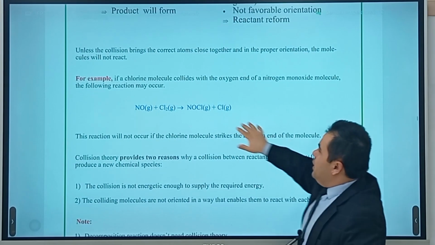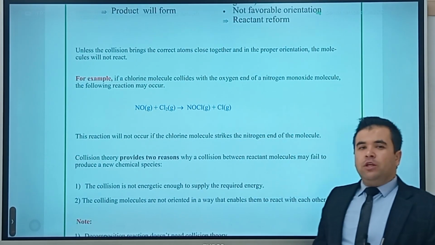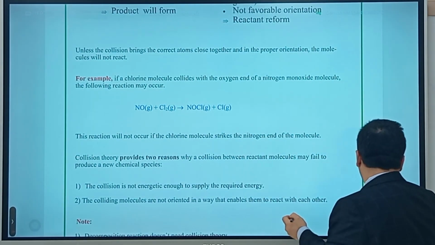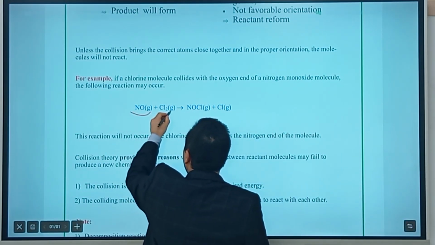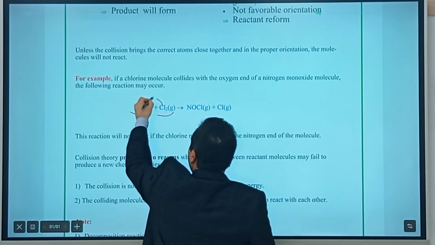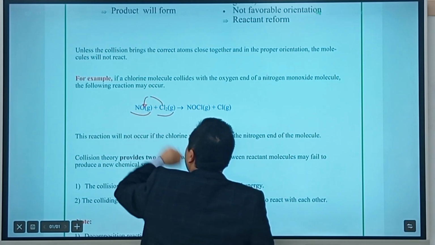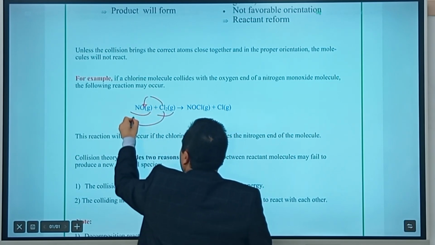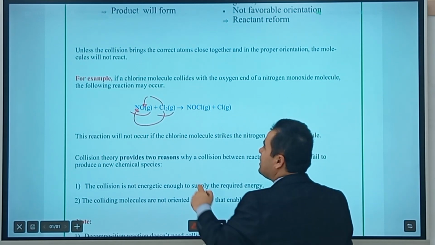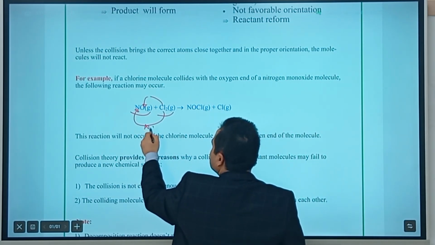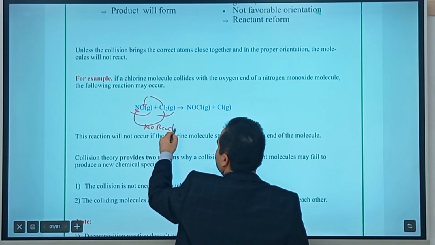An example given in our book for orientation is the reaction between nitrogen monoxide and chlorine. If the chlorine collides with the nitrogen, there will be no reaction.